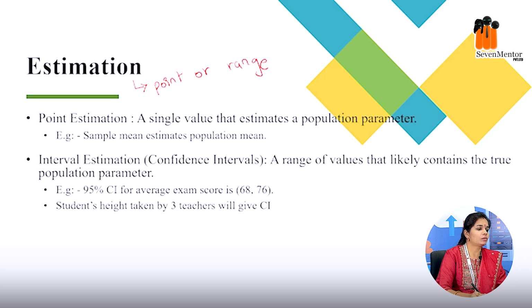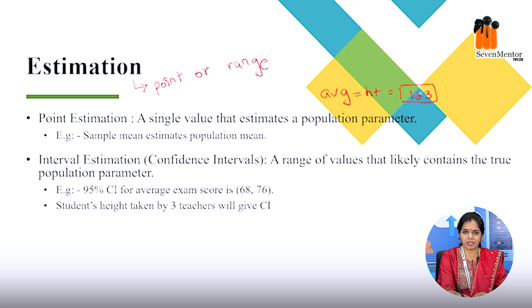A point estimate is a single value that estimates a population parameter. Before this slide, we saw that the average height of students in a class will be some value, let's say 163. So the sample mean estimates the population mean.